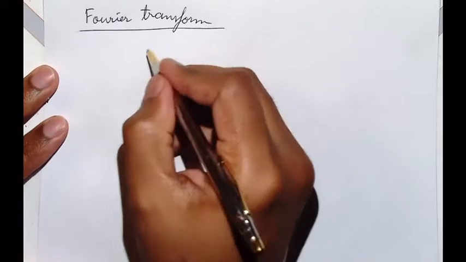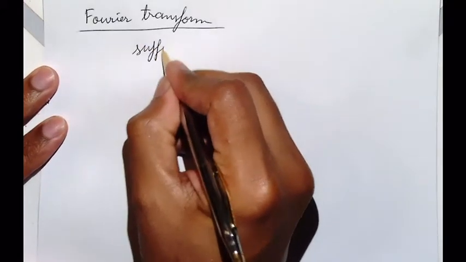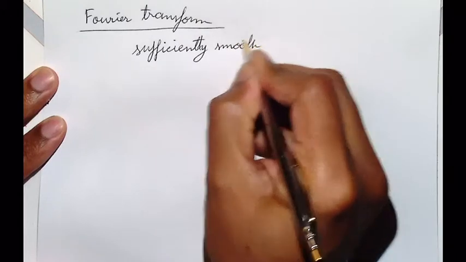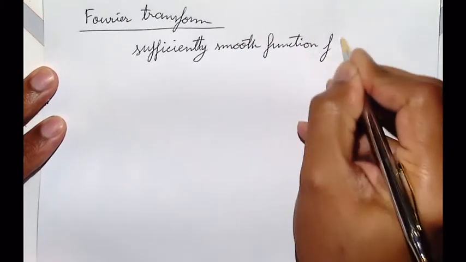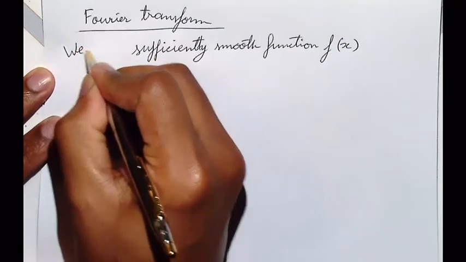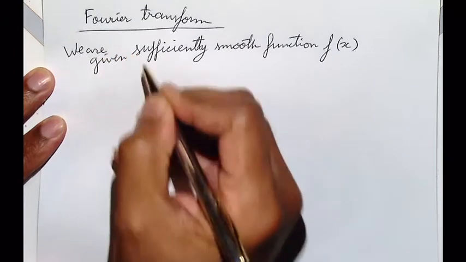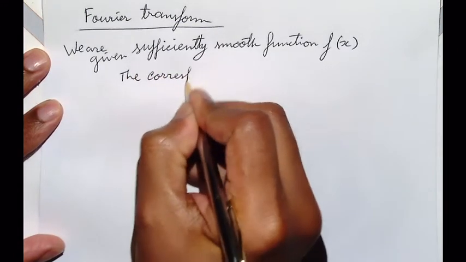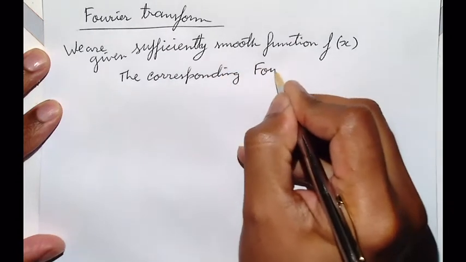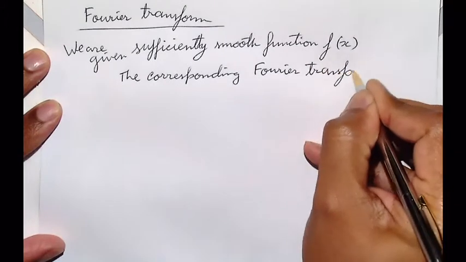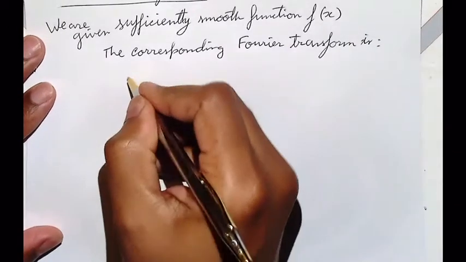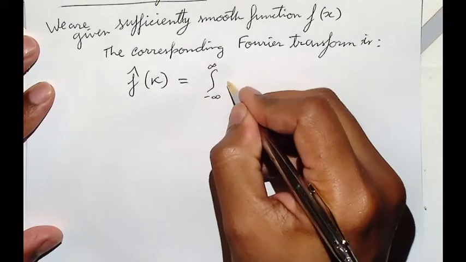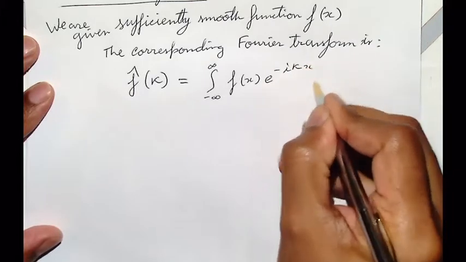Okay, so we say if we are given a sufficiently smooth function, let's say f of x, the Fourier transform for that, we can say f hat of kappa equals the integral from minus infinity to infinity of f of x e to the minus i kappa x dx.